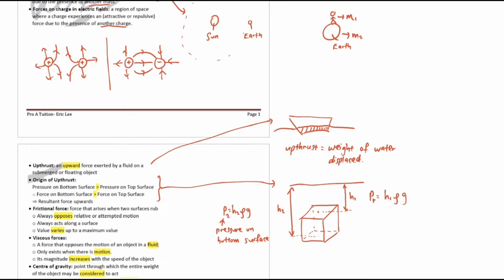So to find P1, the pressure on the top surface, we take the depth, multiply with the density, multiply with 9.81. Then we get the pressure on the top surface.